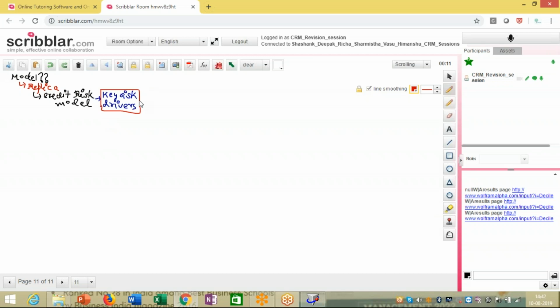So when I talk about key risk drivers, there is always an element of causality. This causality is always between the dependent and the independent variable.